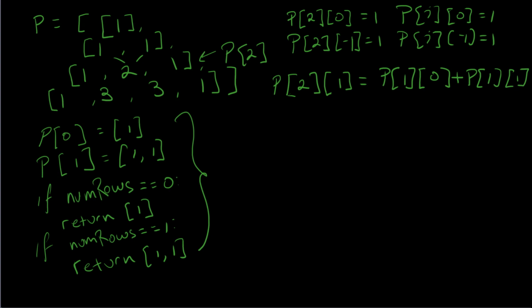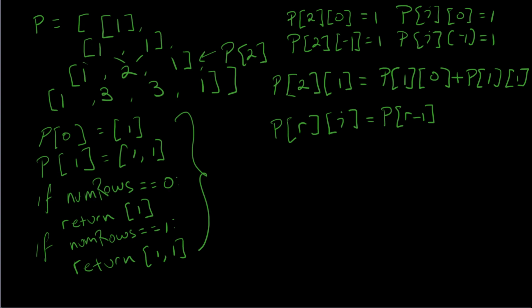We know that this relation holds for all elements in Pascal's triangle, that P at some row R, let's call it, at some I is going to be equal to the row above it, R minus 1, plus the element to its left.